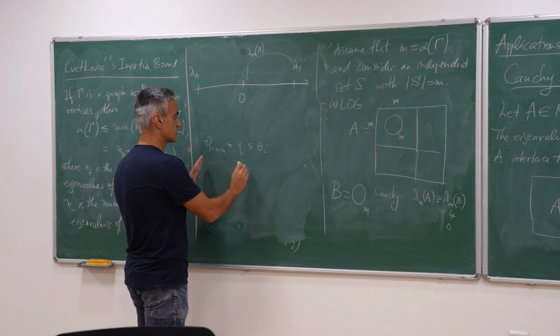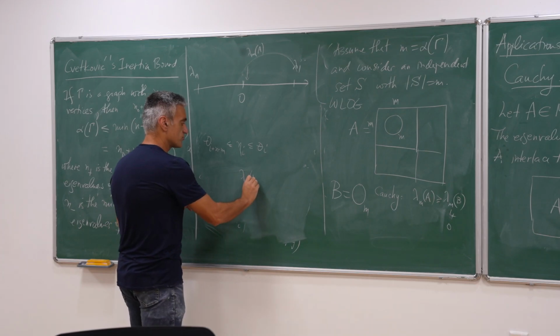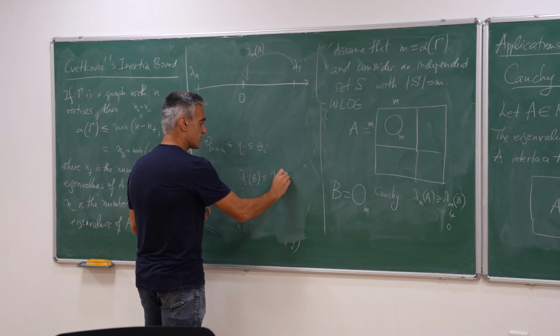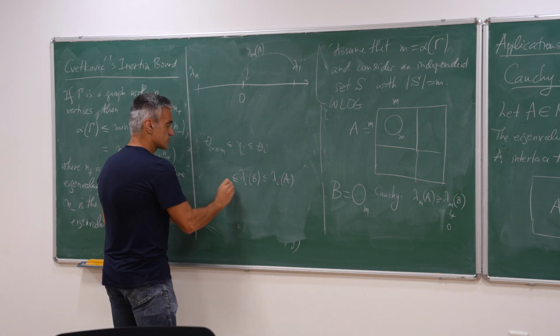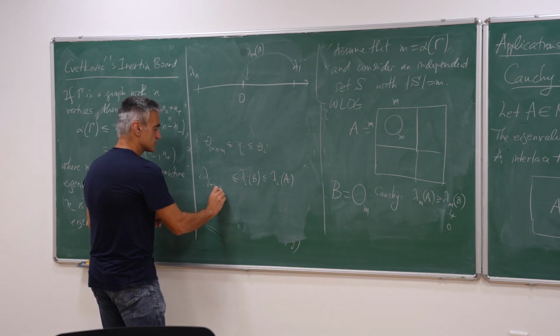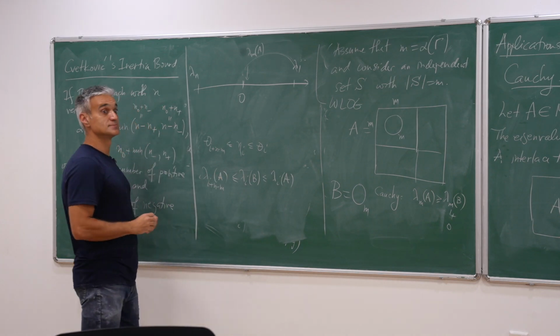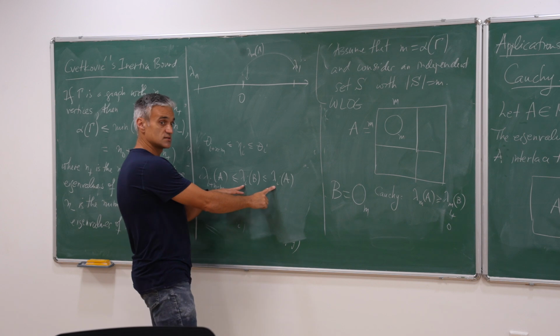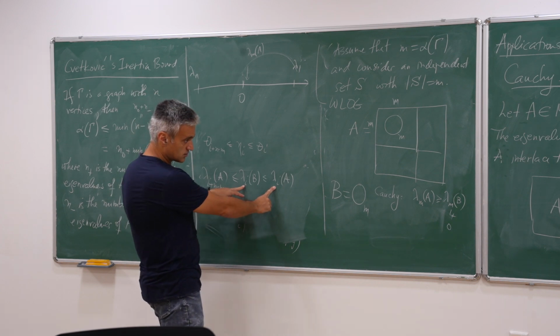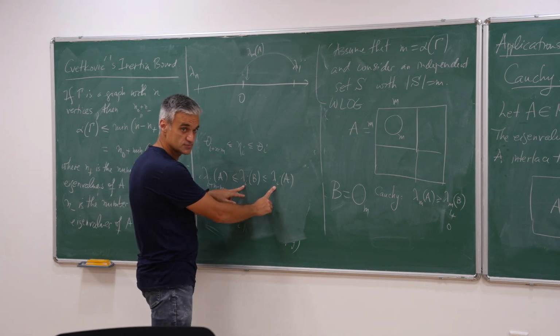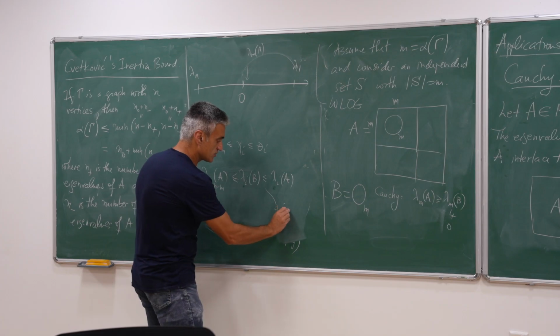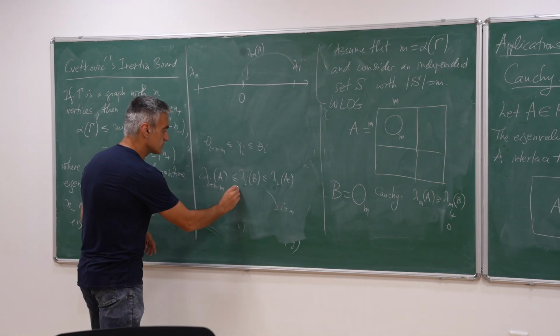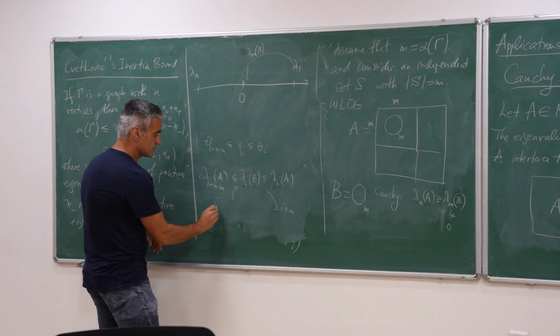So this will be lambda_i of B less than or equal to lambda_i of A greater or equal to lambda_{i+n-m} of A. We use the first at i equals m, and we use this one at i equals 1.